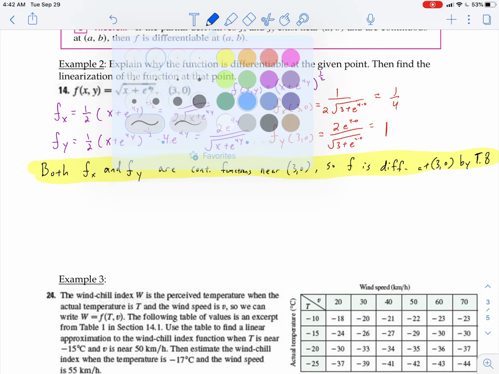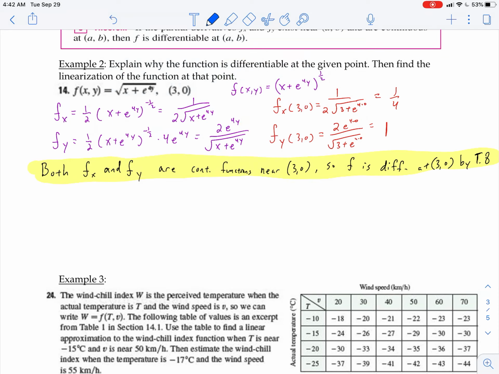All right, so now let's use blue. We want to find the linearization of the function at that point.